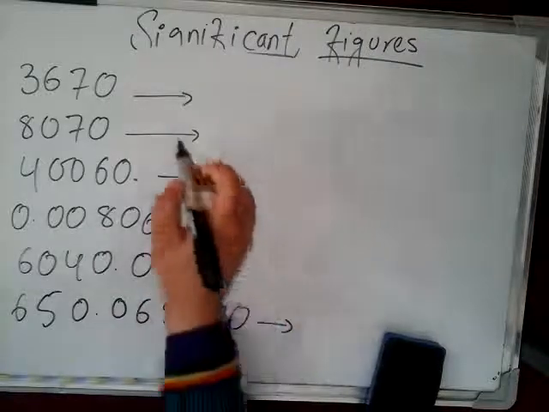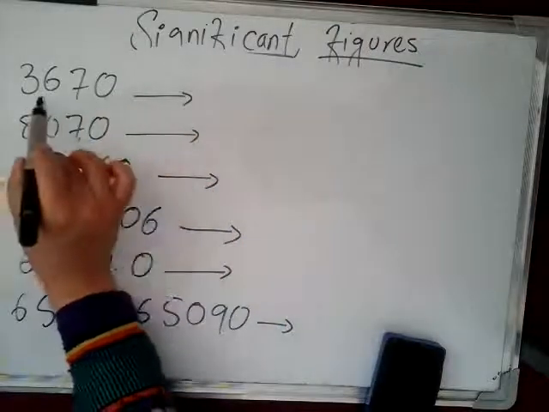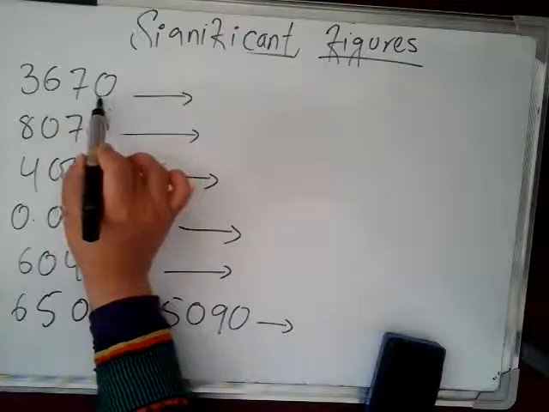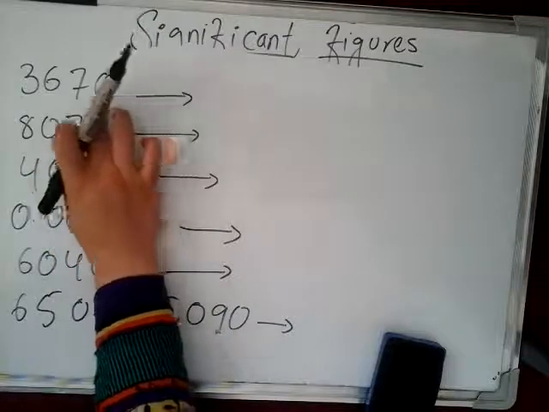Okay. Now here, see, in this number 3670, there is no point present, and neither is a unit present.